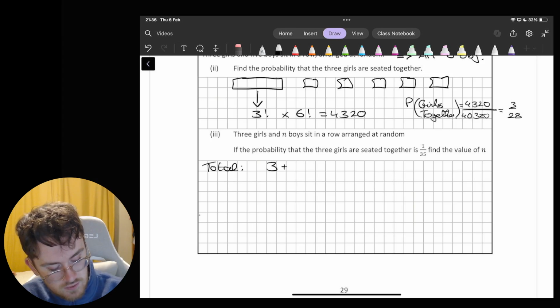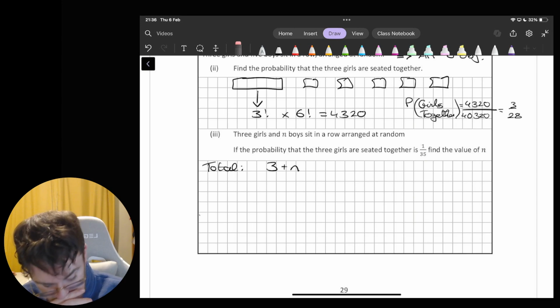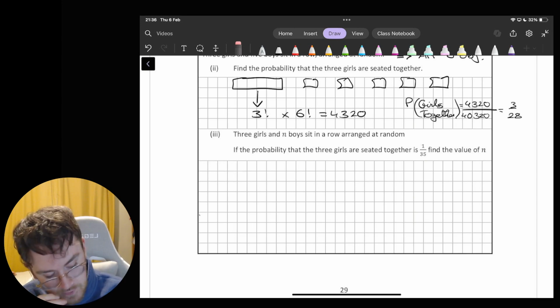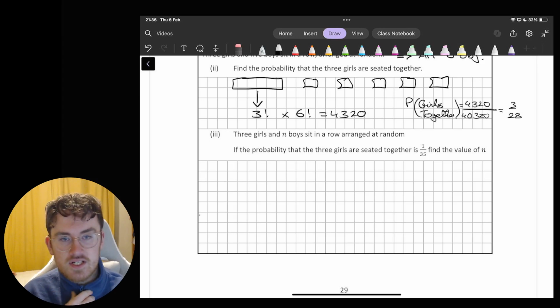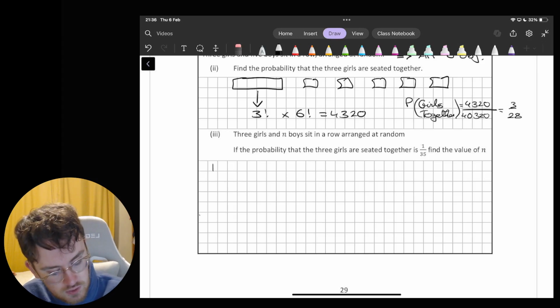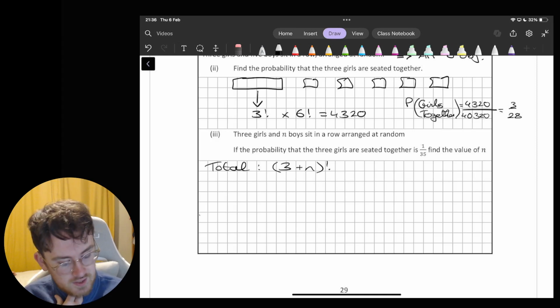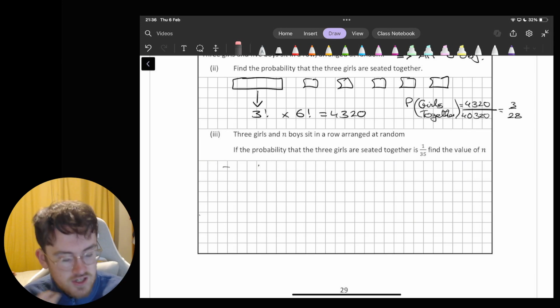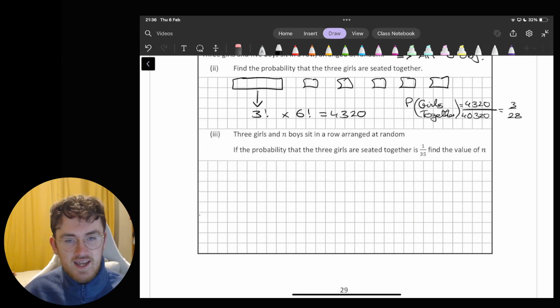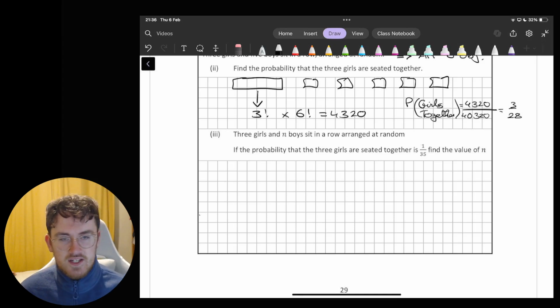Okay, so let's see the total value here. Out of 3 plus n, we're arranging these different people here. So the total arrangements is 3 plus n factorial. Excuse me, I'm trying to jump straight into this question. I need to read it again. 3 girls and n boys sit in a row.